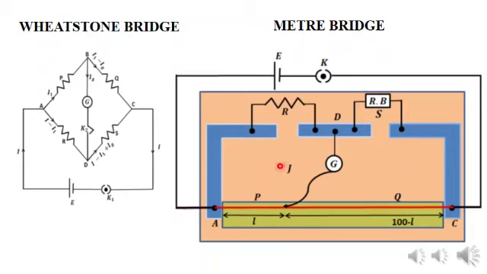In the gap between the L-shaped thick copper strips, there is one more thick straight copper strip which is fixed on the wooden board such that there are two small gaps between thick copper strips.